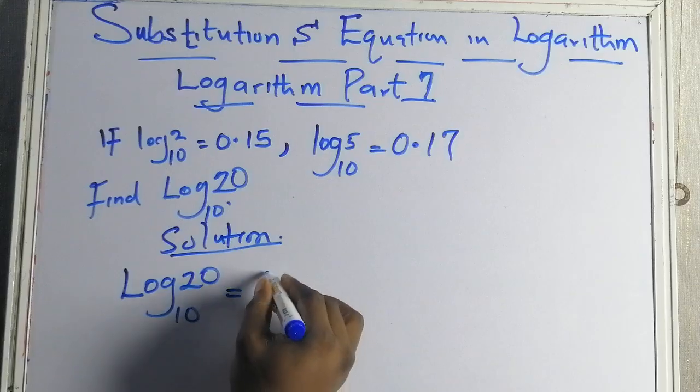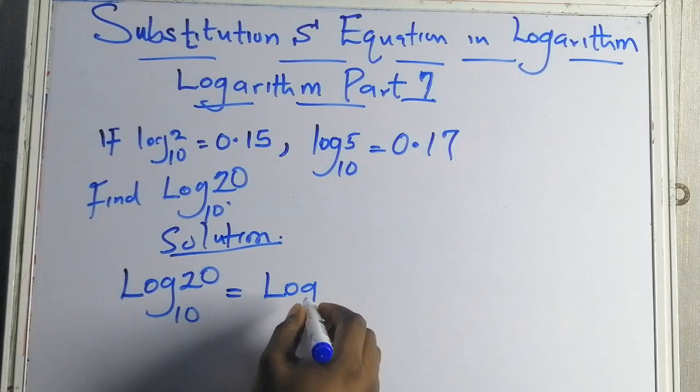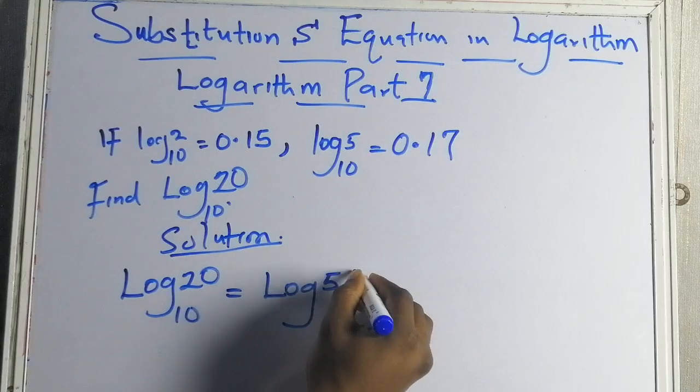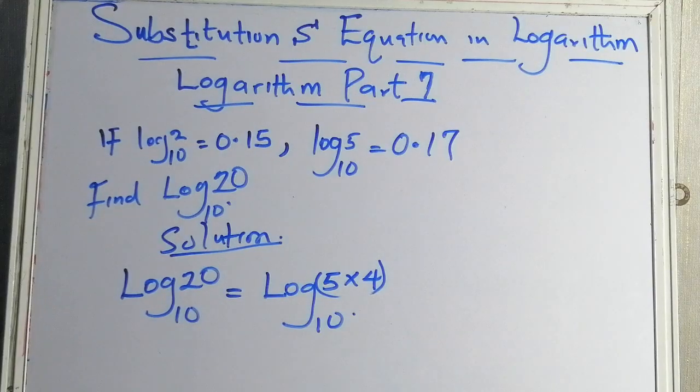Log 20 base 10 is the same thing as saying log, and my 20 can be 5 times 4, base 10. 5 times 4 is 20.